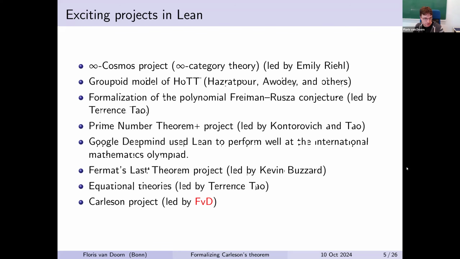Then a completely different result that I find very exciting is out of Google DeepMind. They used a neural network to try to solve problems at the International Mathematical Olympiad. They had two systems, one for geometry problems and another one for generic problems. They used a neural network together with Lean as a backend to try to find formalizations of these IMO problems.